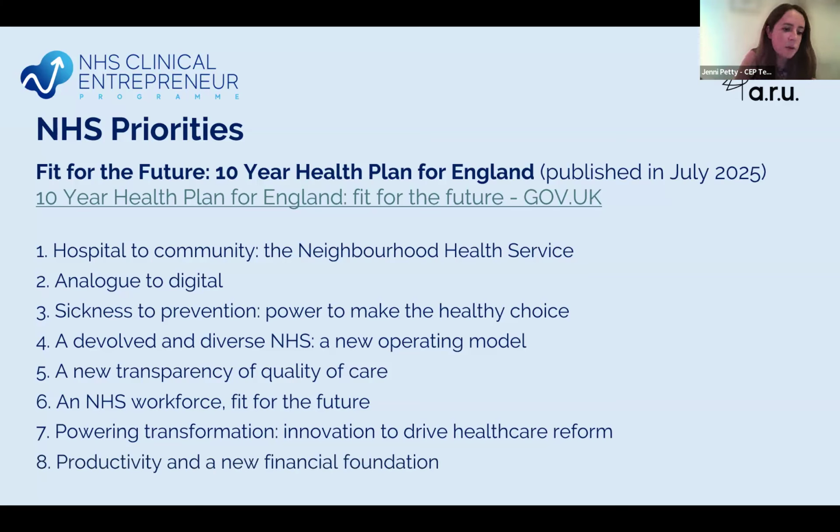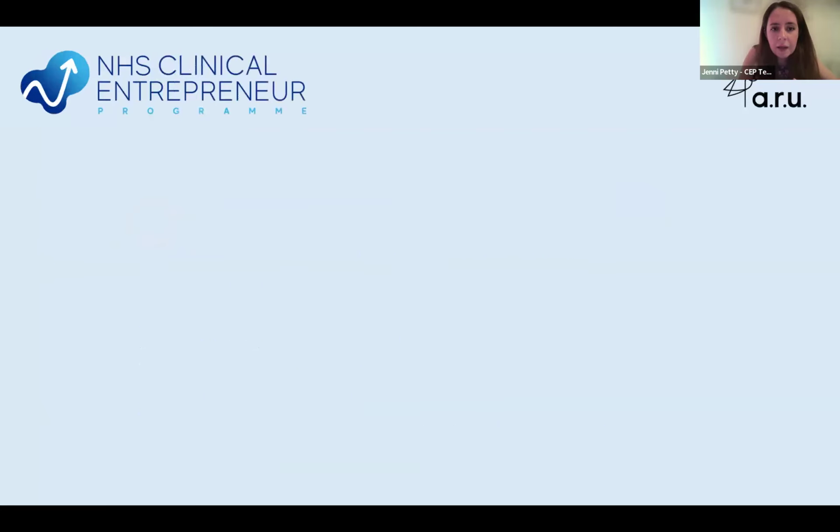And finally, there's a focus on productivity and a new financial foundation. And it's hoped that the 3 shifts mentioned at the top there will help to secure financial sustainability. So this is just something to bear in mind. And, you know, if you haven't looked at the report already, it's well worth a read. So if you are thinking of innovating, you could focus on a particular area of these priorities.